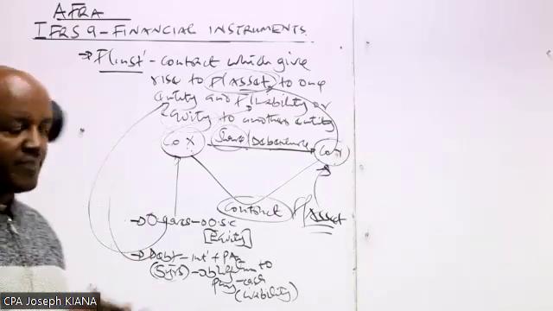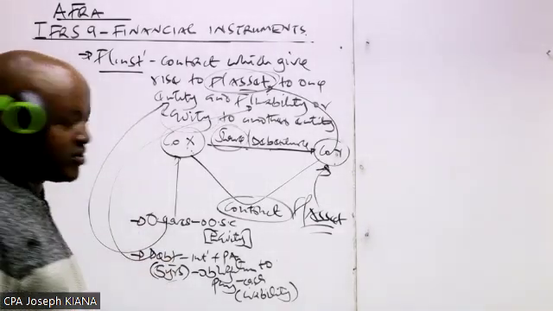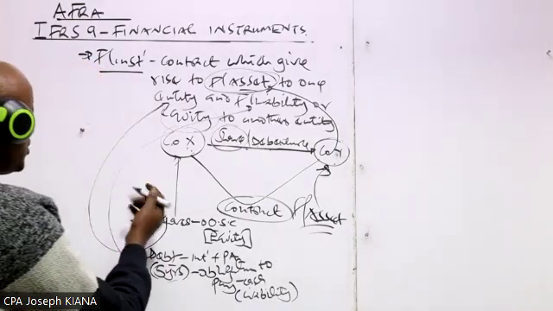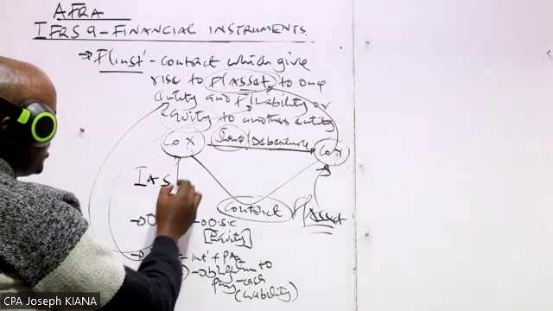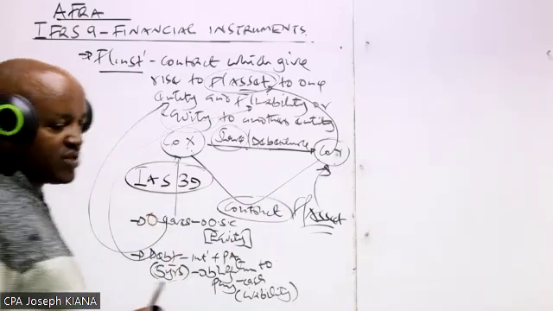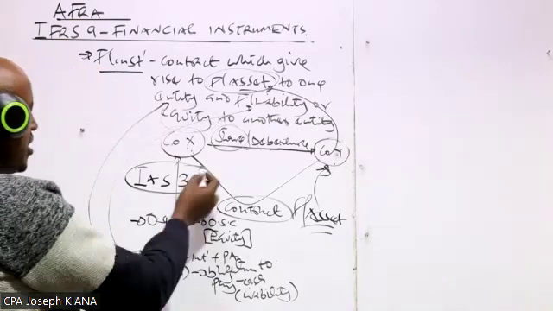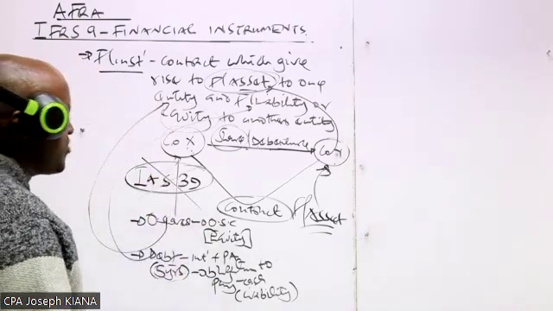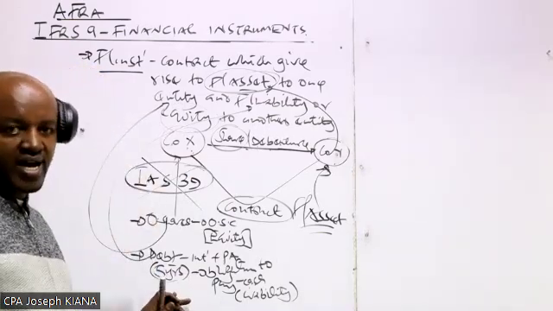So that is what IFRS 9, International Financial Reporting Standards, prescribes, which is a standard issued by the International Accounting Standards Board to replace the old standard on financial instruments. Previously, financial instruments were accounted for in accordance with IAS 39. If you go to some questions which were tested some time back, you'll see those questions quoting IAS 39.